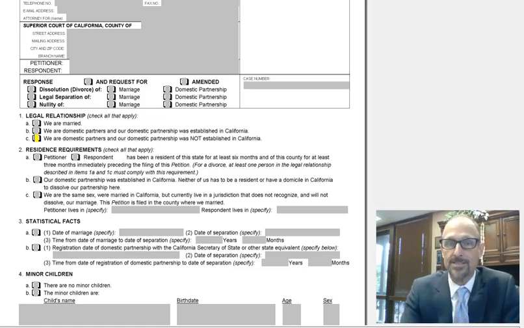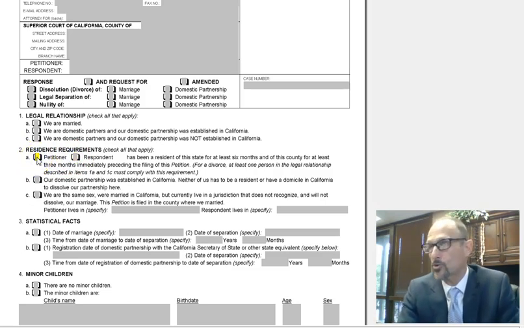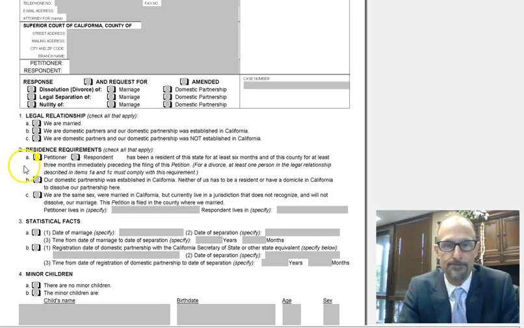So if you have lived in the county in which it's being filed for 3 months and the state of California for 6 months, then you can mark respondent. If you both have, then you can mark both the petitioner and the respondent. If only the petitioner has met those requirements, mark the petitioner only.